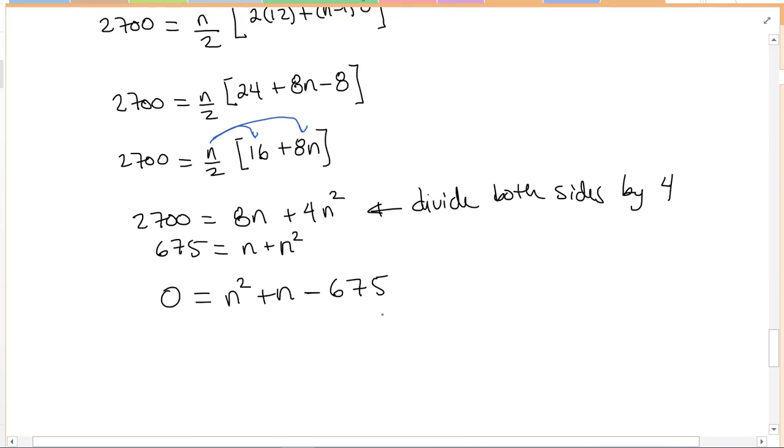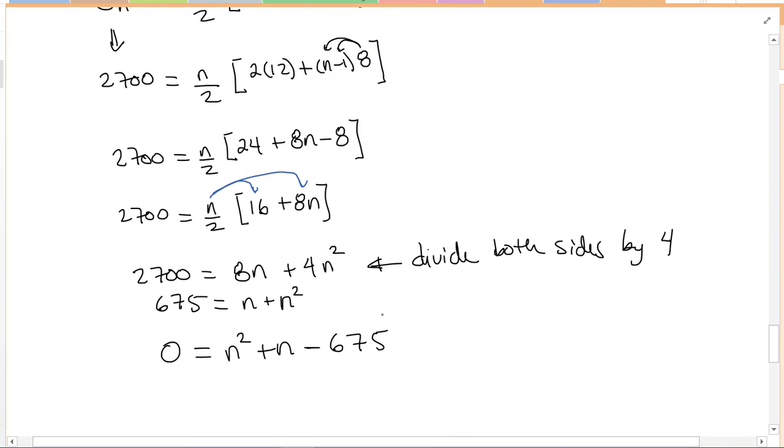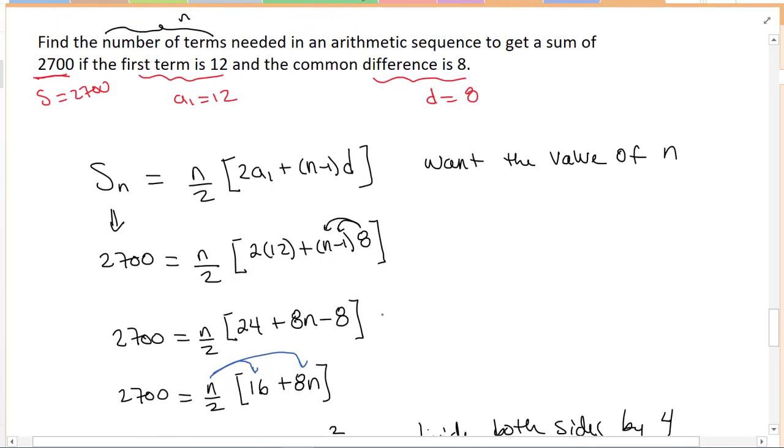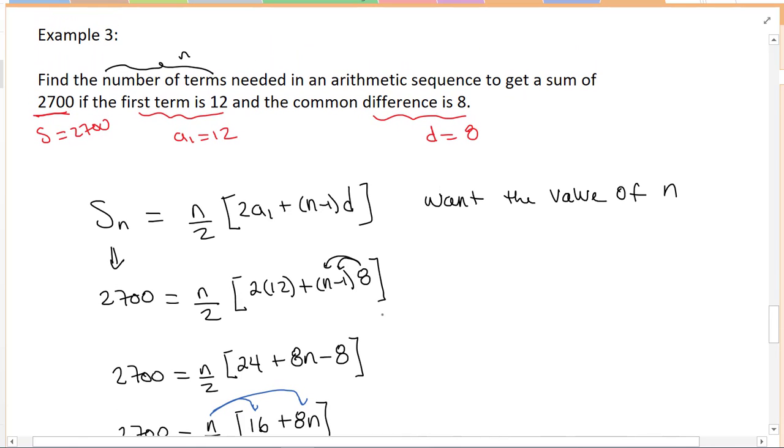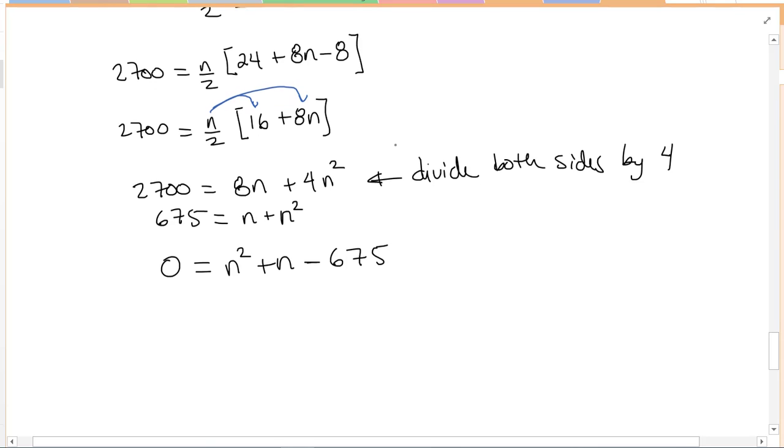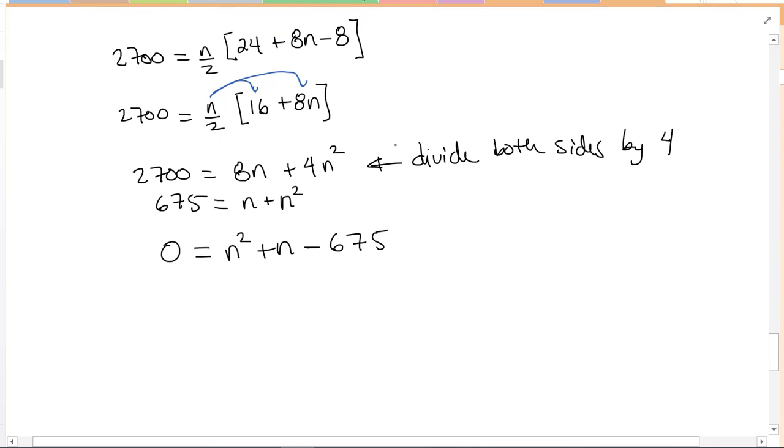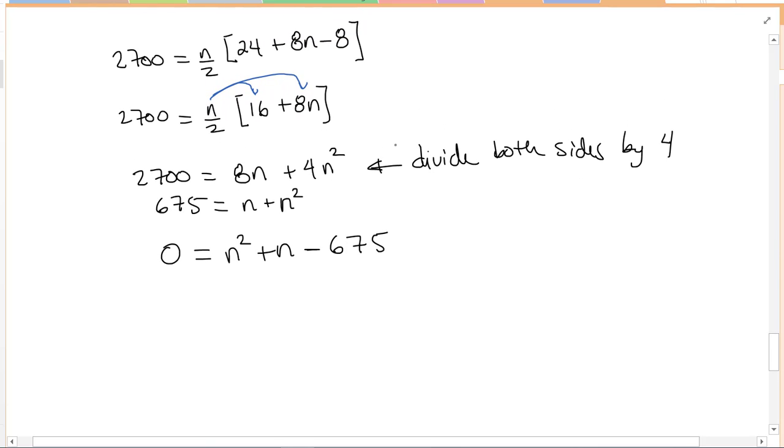And hopefully that factors, and it should, because remember this is an arithmetic sequence, so these are the partial sums of an arithmetic sequence. So our n's are natural numbers, counting numbers. My n should be a positive counting number, so it should factor.